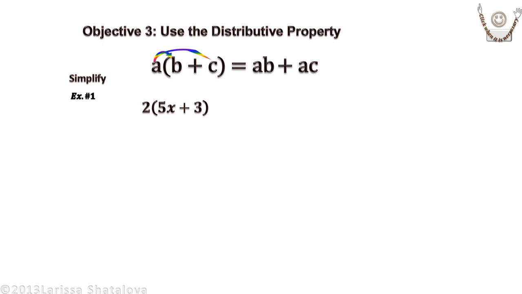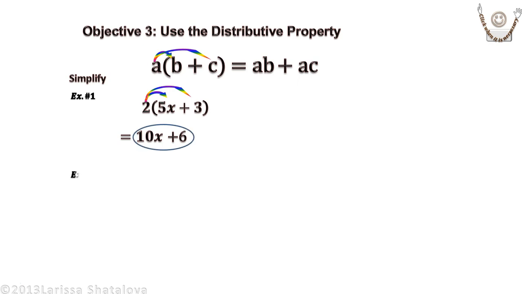This is why we have to use the distributive property if we want to remove parentheses. So we will multiply 2 by 5x, and it will be 10x, and then we will multiply 2 times 3, and it will be positive 6, and we're done.